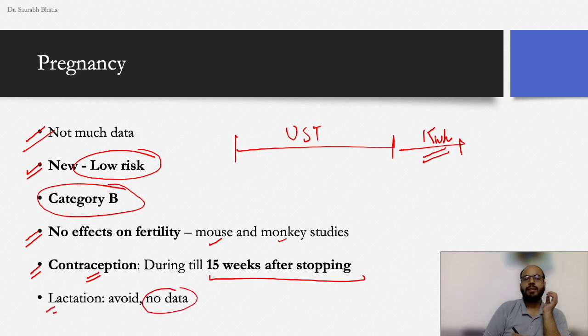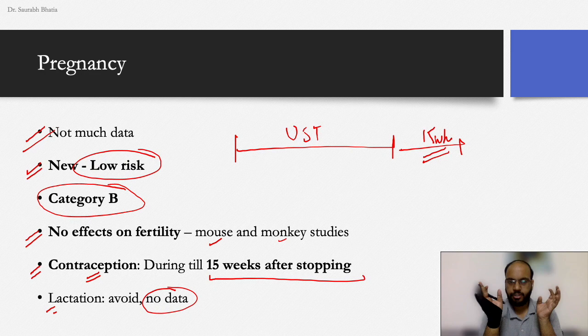Lactation, there is no data, but it's better to avoid because ustekinumab is a fully human IgG1, and we know that IgG1 leaks through the placenta to the fetus, to the baby. So theoretically, it can easily pass through the placenta into the baby's circulation and can have immunosuppressive or immunomodulatory effects.